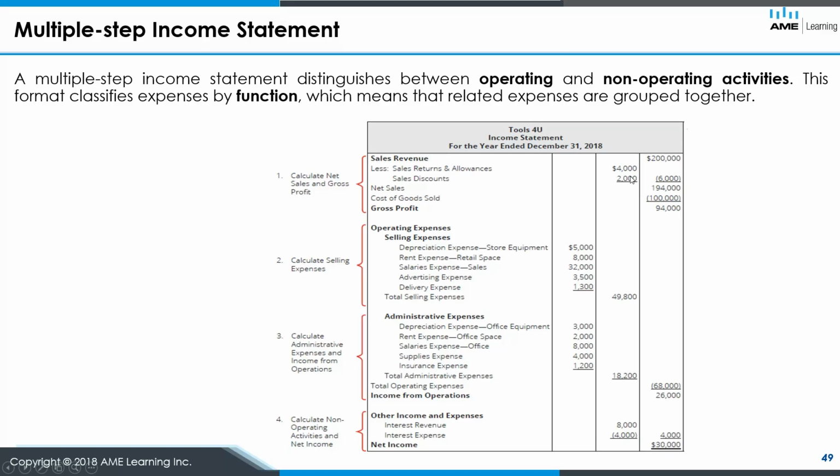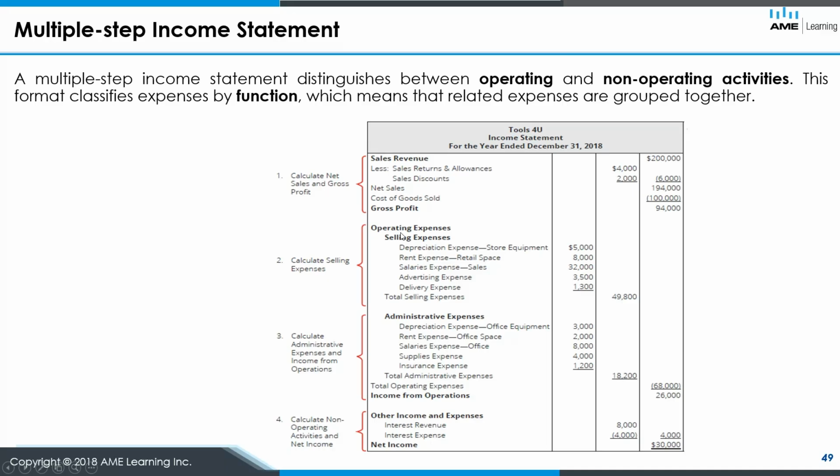We're going to reduce those by the contra revenue accounts of sales returns and discounts and allowances. So that brings down our sales because those are returns or discounts we gave. That gives us net sales. Then we back out the cost of goods sold that we incurred to sell these products, and that leaves us with gross profit, $94,000 in this example.